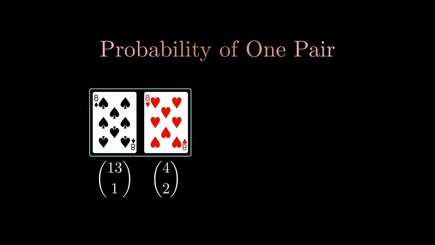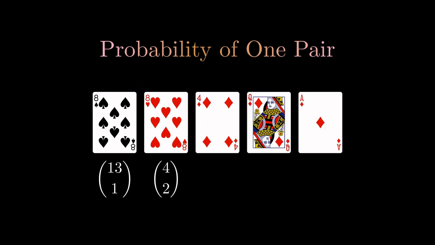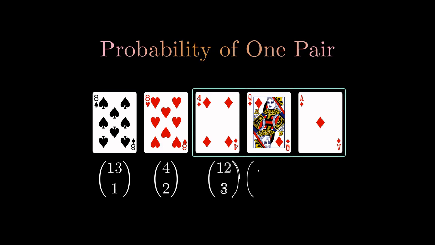You might know that that's 6. Then we have these 3 distinct cards. So from the 12 remaining denominations, we're going to choose 3. And from each one of those denominations, it's 4, choose 1.